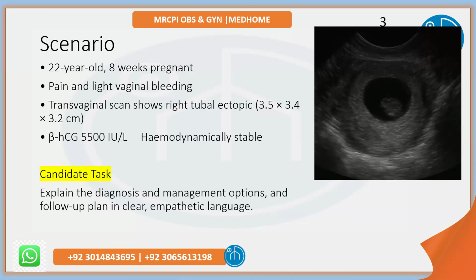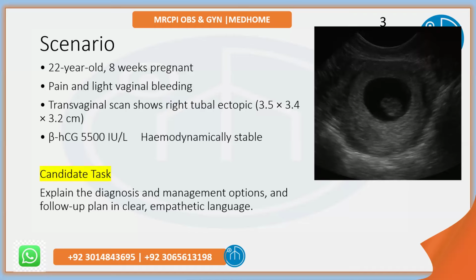So we have to remove this, and after removal, we will try to save your tube. And if, God forbid, we are not able to save the tube, your life, the mother's, is most important. Doctor, I want a baby. Yes, of course, we will have a baby. There are so many options with advancements in science and technology.